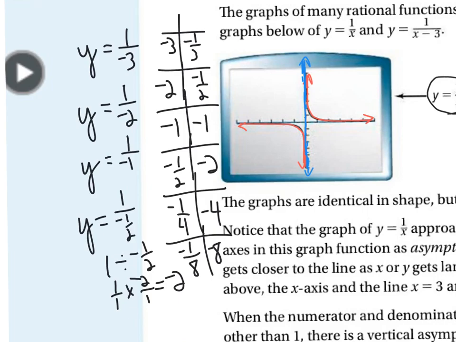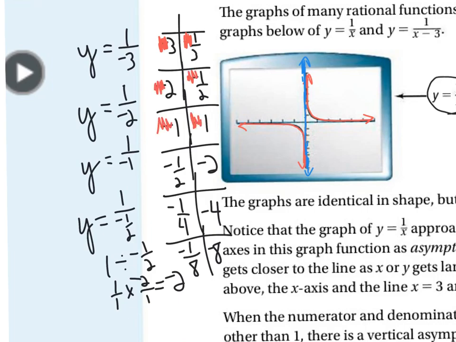Same thing if we went from the other side. We could have x equals 2. Basically, if you look at all these things we just did, if you take off the negative sign, so let's say x is 3, then it would be +1/3. If x was 2, it would be 1/2.